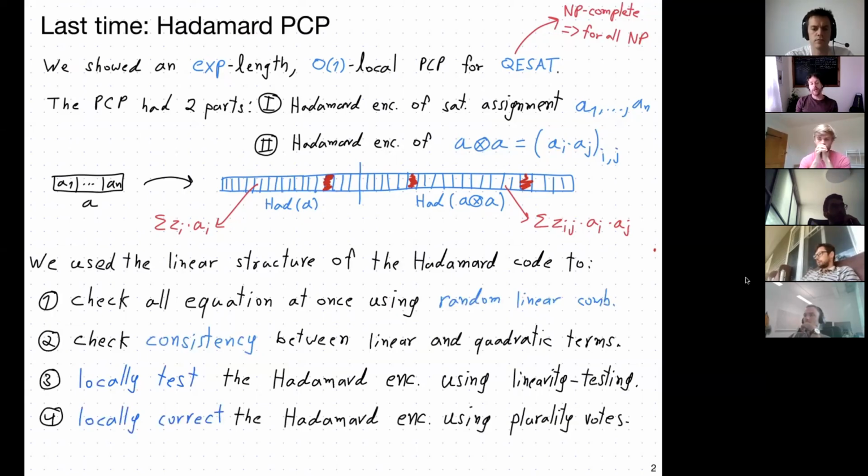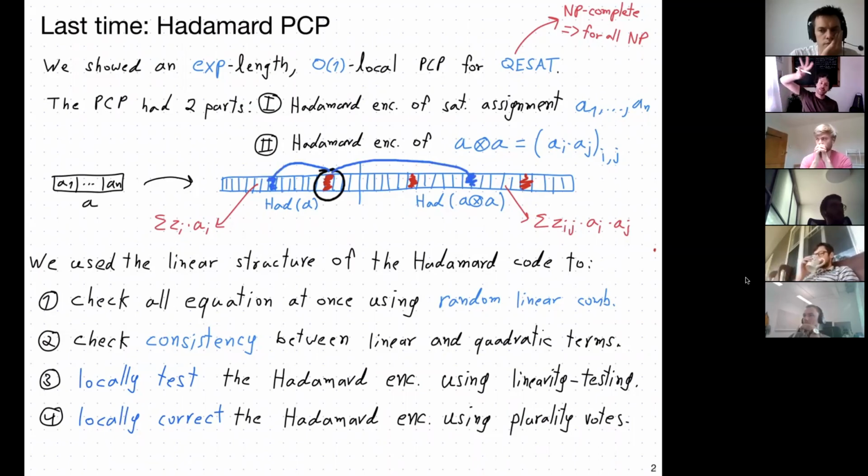To locally correct. So what we said is, well, maybe by some annoying chance, I really care about this point, but this point is corrupted. So in order to correct this point, I don't actually read this point, but I can read some random two other points, and using those two other points, I can use the linearity constraint to correct this code word.